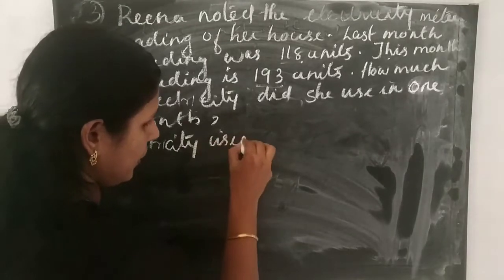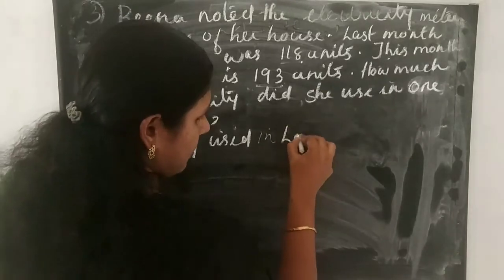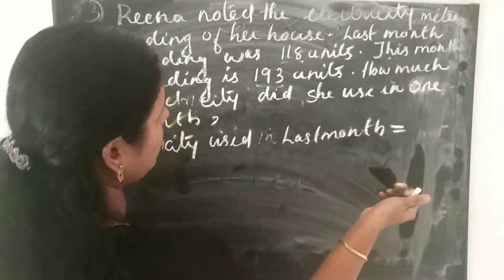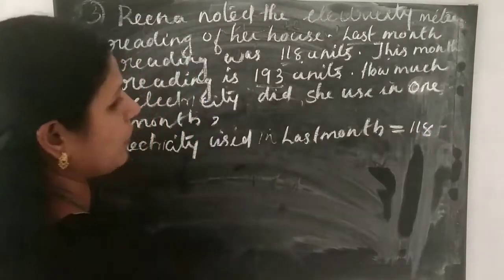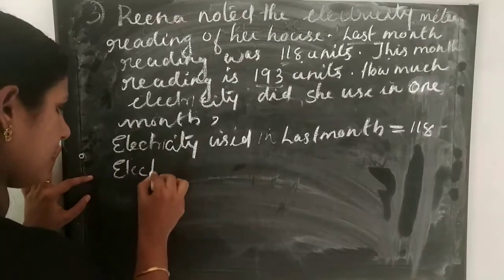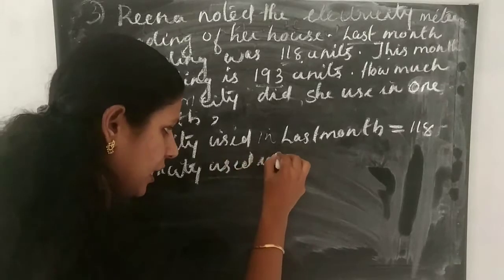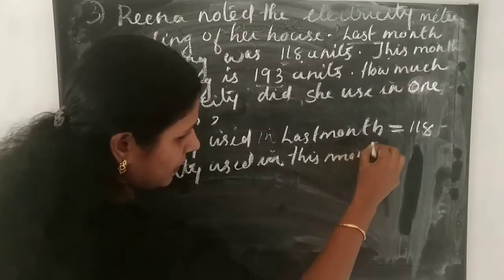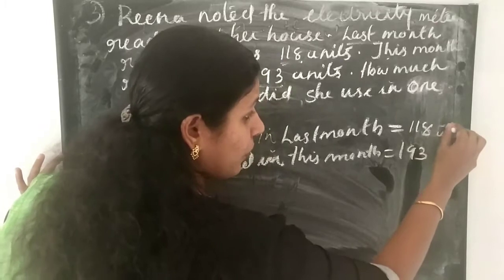Electricity used in last month equal to 118 units. Electricity used in this month equal to 193 units.